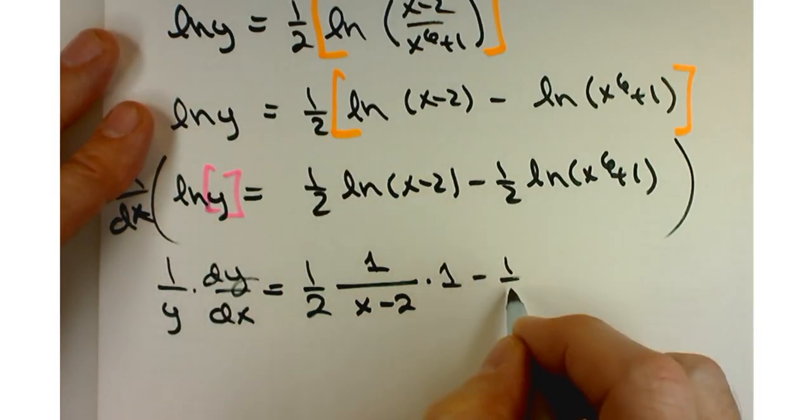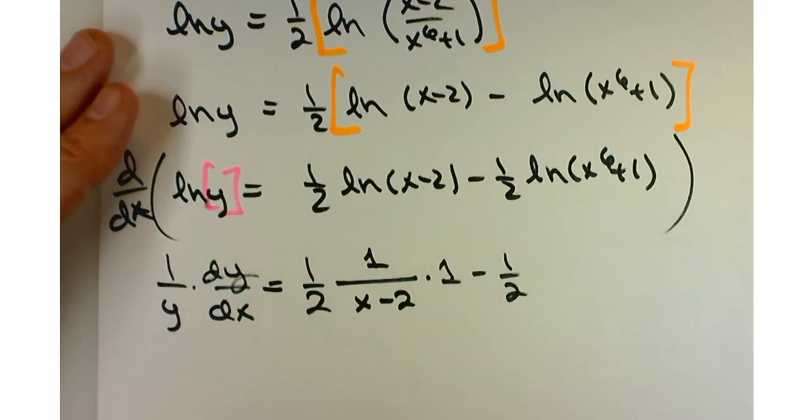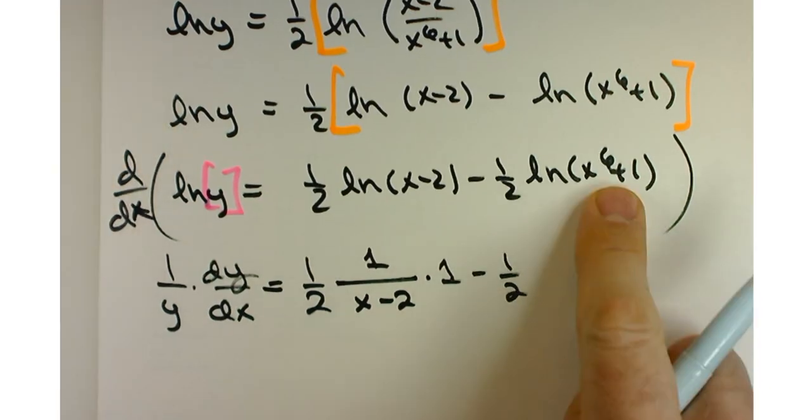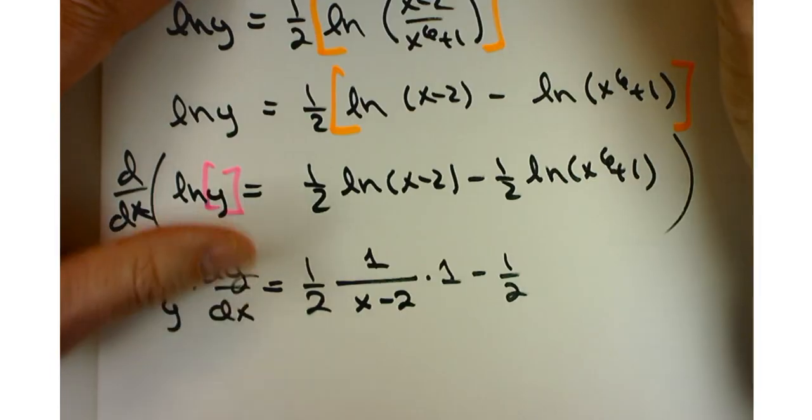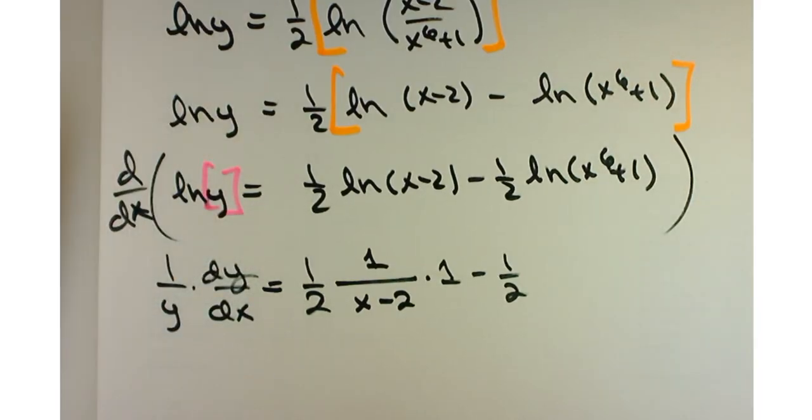And then likewise over here, 1/2 times the derivative of the log function. Try and write that down before I write it up here. Give yourself a chance to calculate that one.